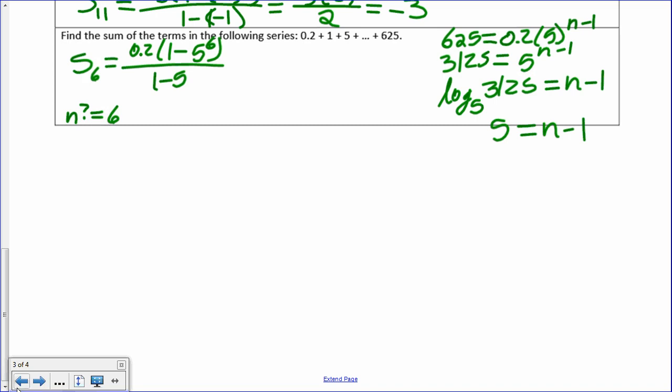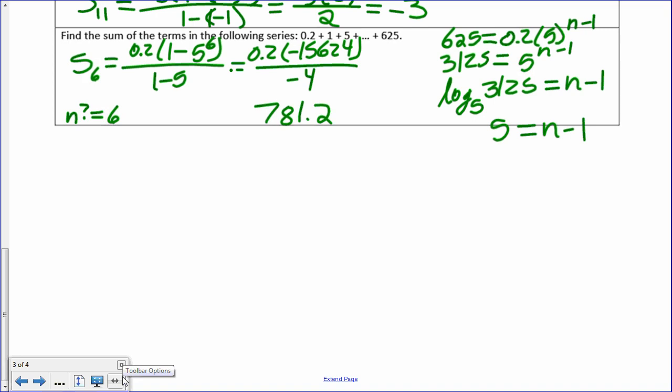Carefully plug that into your calculator with the parenthetical expression first. Wait, what is that? Oh, that's huge. 781.2.